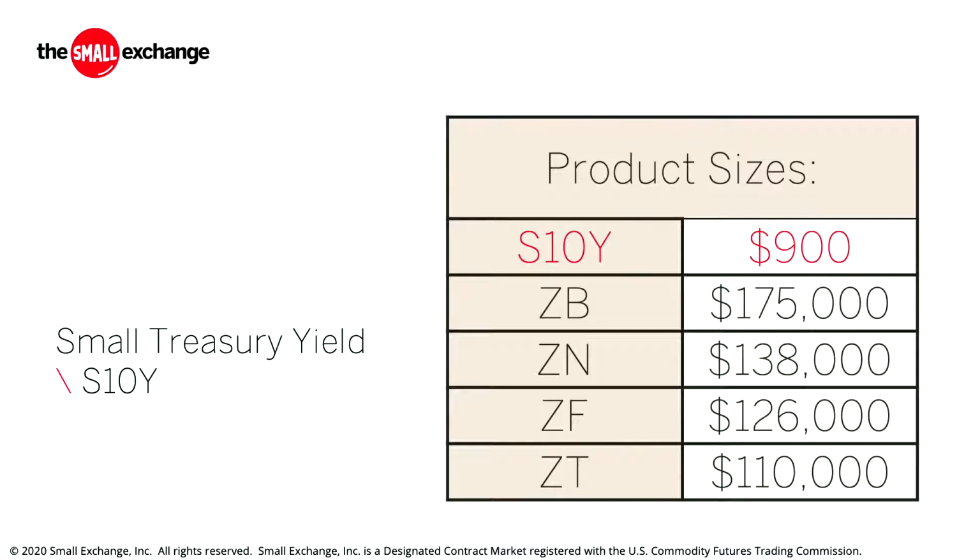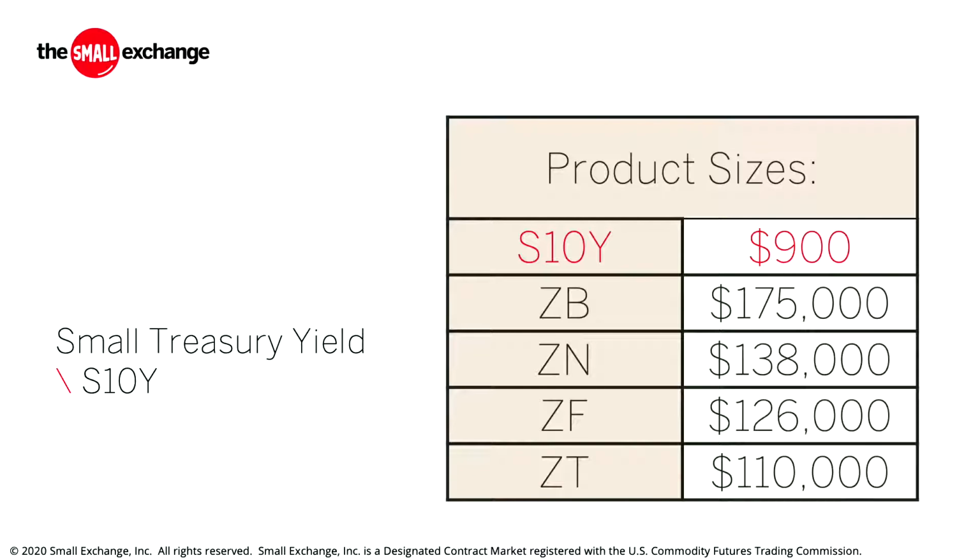And so we said, forget all of that. We'll create a product that is designed for someone who is maybe a small trader trying to test this out. If you want to size it up, you can absolutely do that because we have some of the cheapest exchange transaction fees as well. So it's not like, oh, you're paying $1.50 in fees to trade ZB and you're paying the same here in S10Y futures.